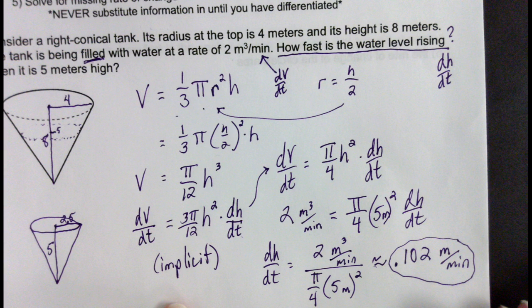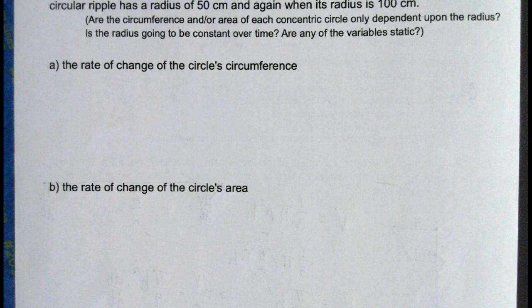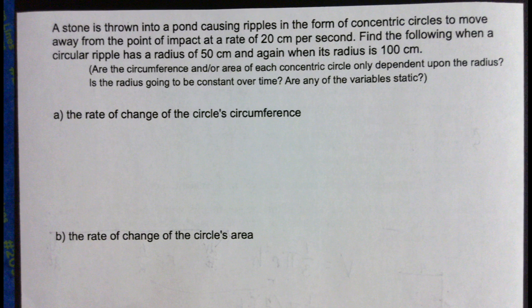Will you all tell me, real quick, what does 20 centimeters per second represent? dr/dt. dr/dt is equal to 20 centimeters per second. Nice. Find the following when a circular ripple has a radius of 50 centimeters.